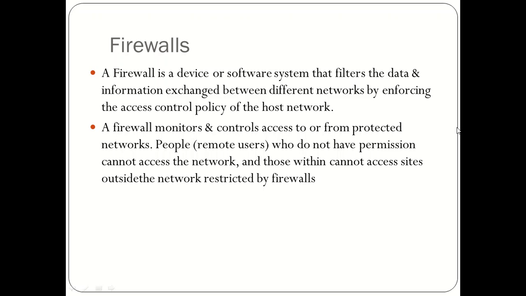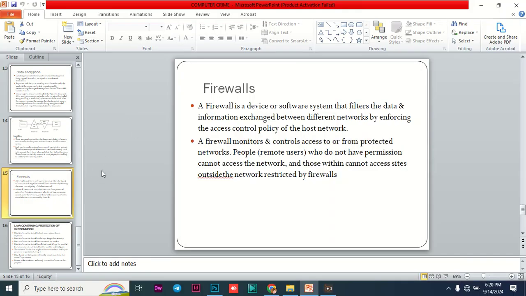Maybe you can restrict some sites from being accessed, and therefore if somebody wants to access those sites, automatically he or she will be blocked from doing anything on that particular platform. So those are some of the ways you can detect and prevent unauthorized access in your company.